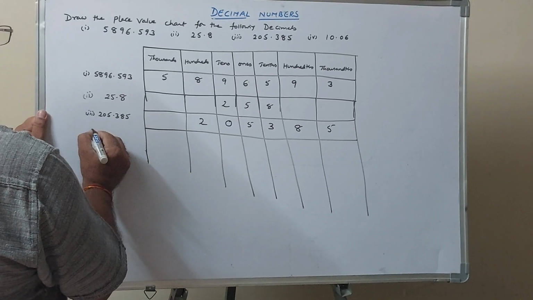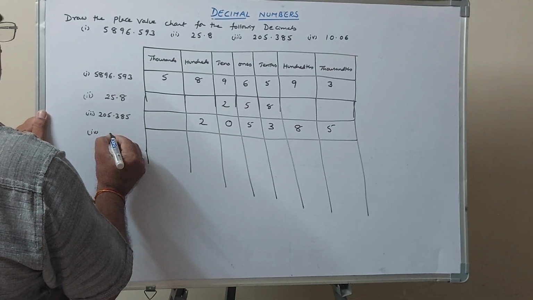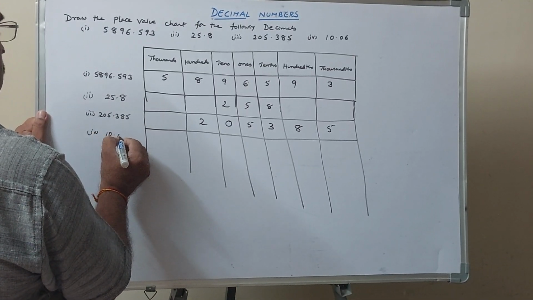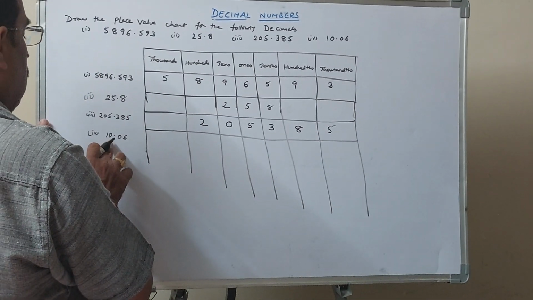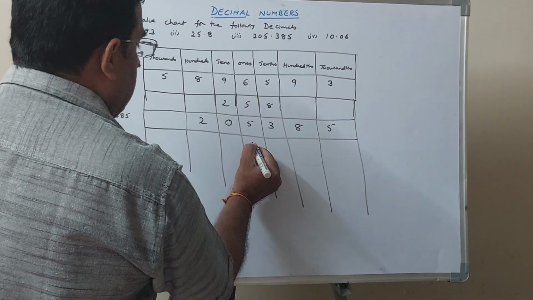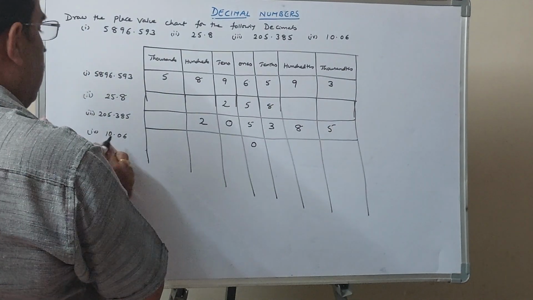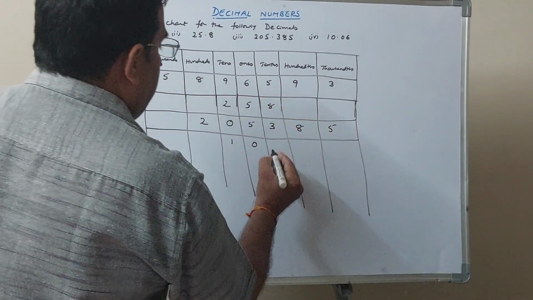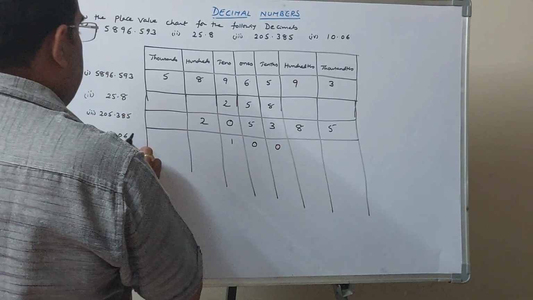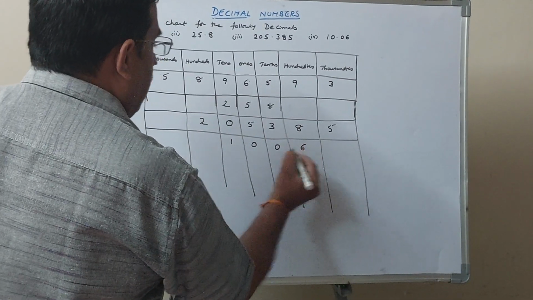Fourth one is 10.06. Here 10 is the whole number part. 0 is in the ones place. And 1 is in the tens place. And 0 is in the tenths place. And 6 is in the hundredths place. Okay?